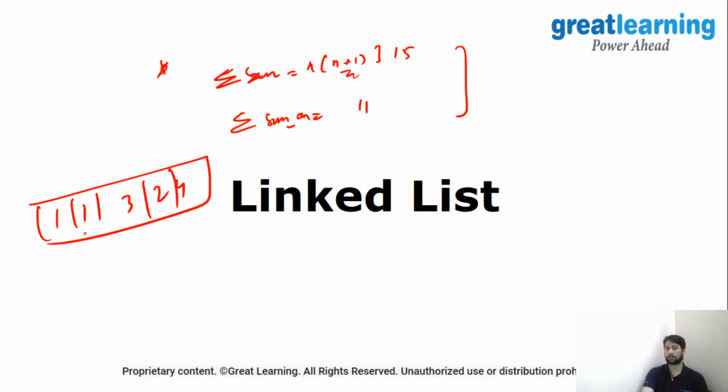Let's suppose 1, 1, 3, 2, 4 were there: 1 square plus 1 square plus 3 square plus 2 square plus 4 square. Now try to sum this.